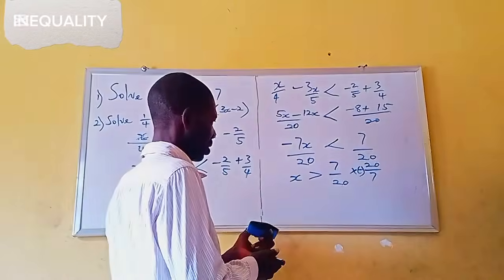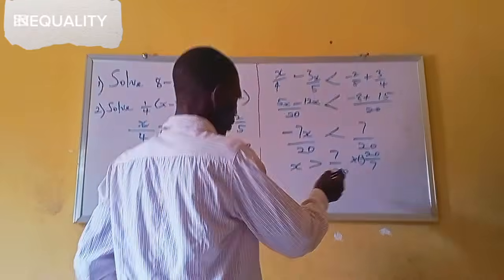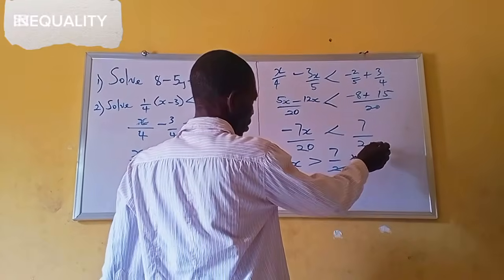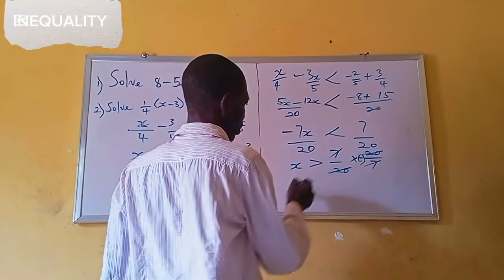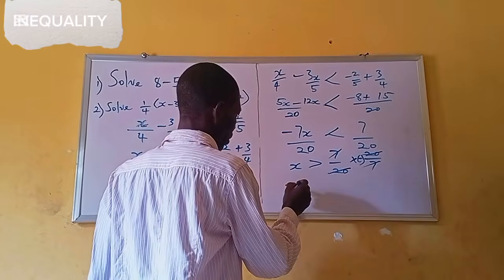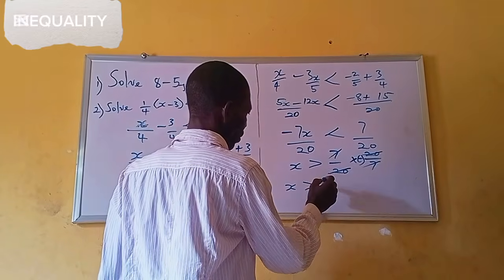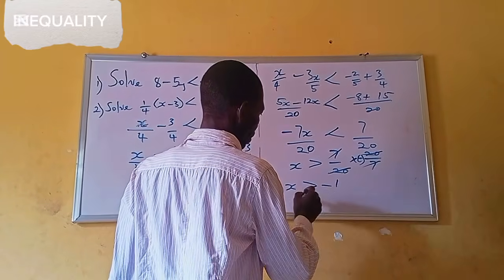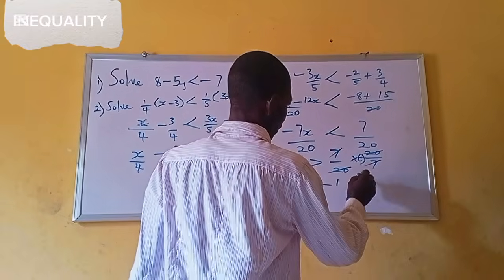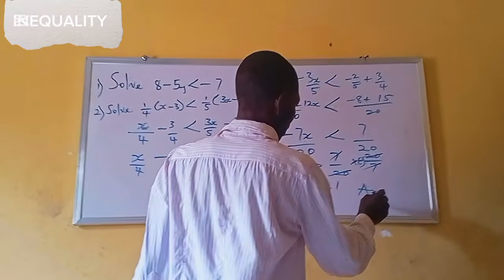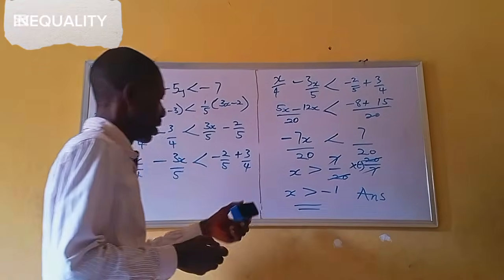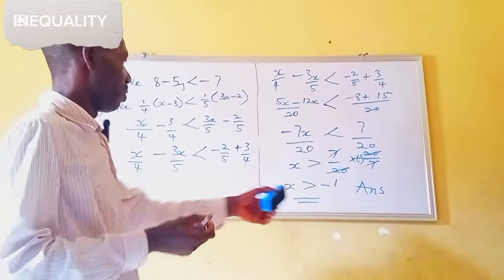So in that case, this cancels this, and you have x greater than minus 1. So this is our answer. x is greater than minus 1.